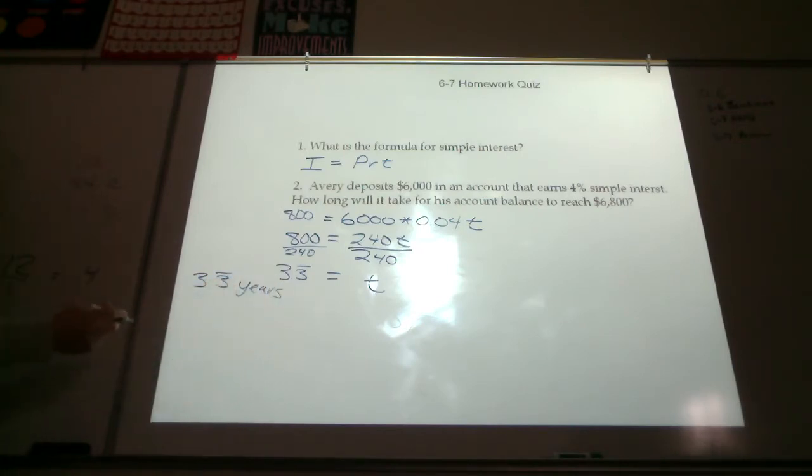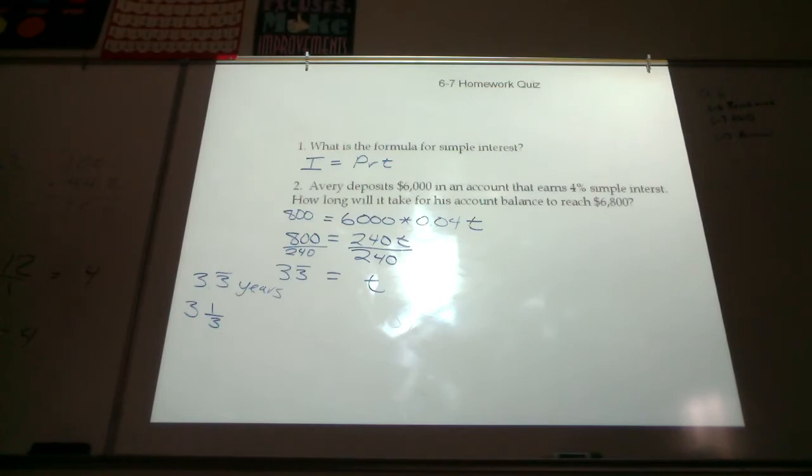Many of you know that when we have 0.3 repeating, anybody know what fraction 0.3 repeating is? That's the decimal number. Anybody know what fraction gives you 0.3 repeating? Close.